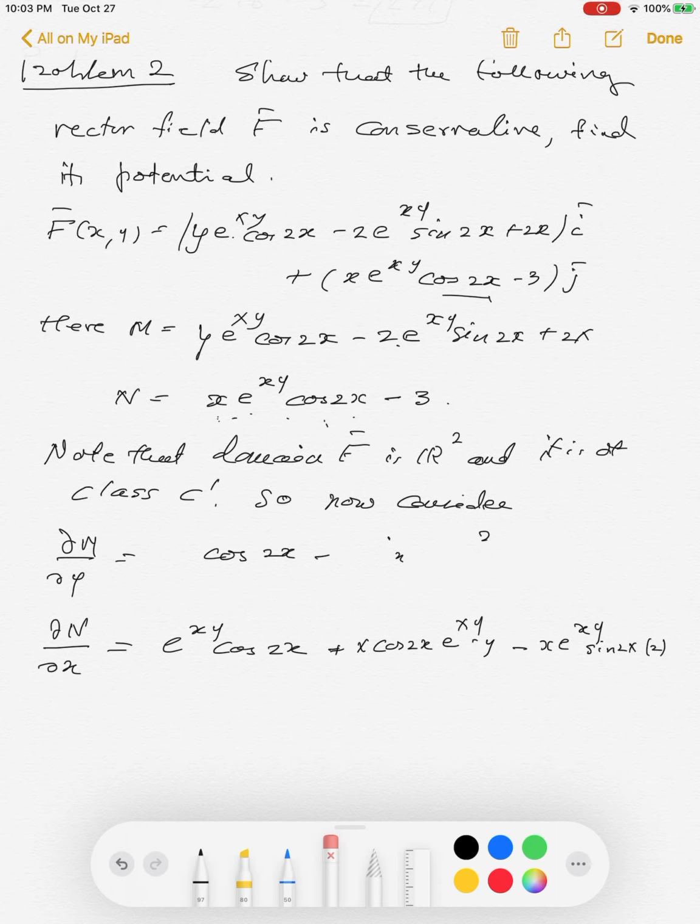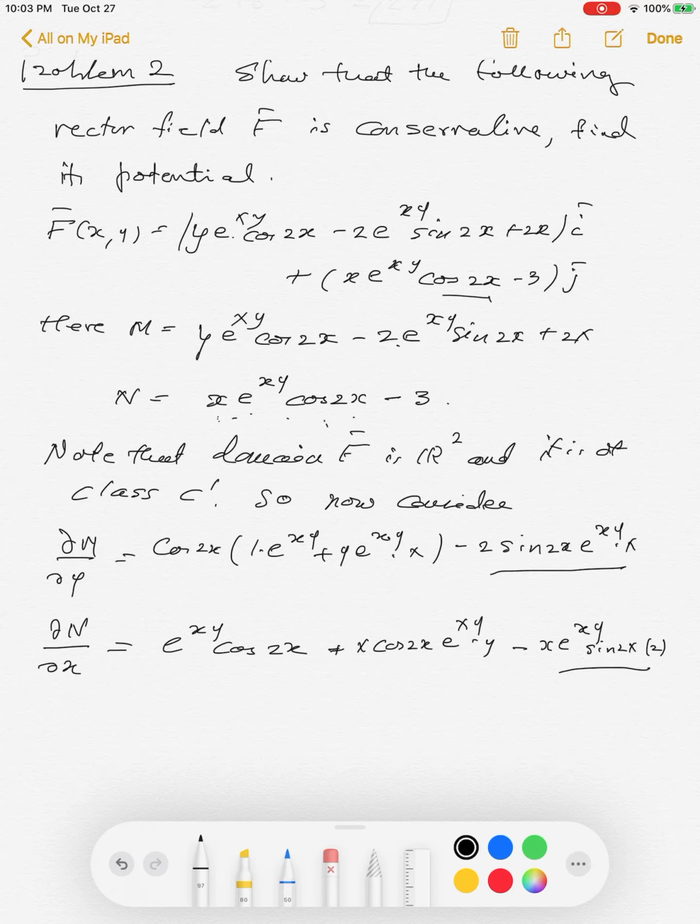So when you take the partial with respect to y of m, you get cos 2x outside. That has nothing to do with y. Multiplied by 1 times e to the xy plus y times e to the xy times x. And then you will get minus 2 sine 2x e to the xy times x.